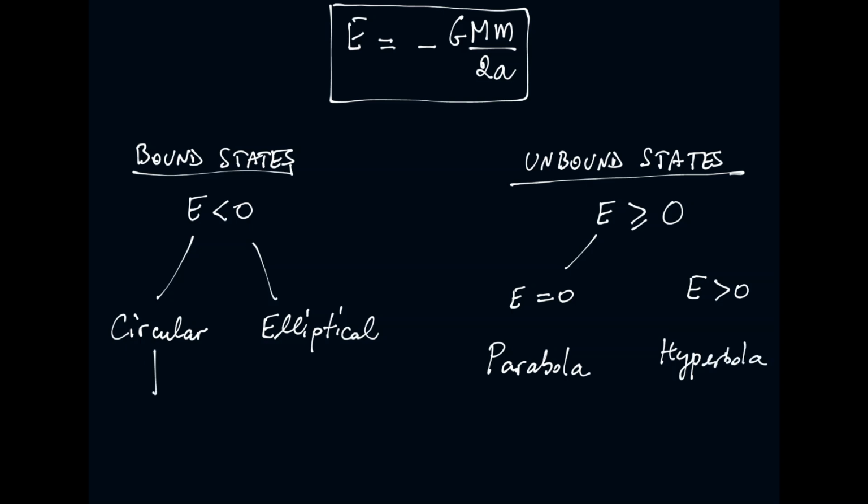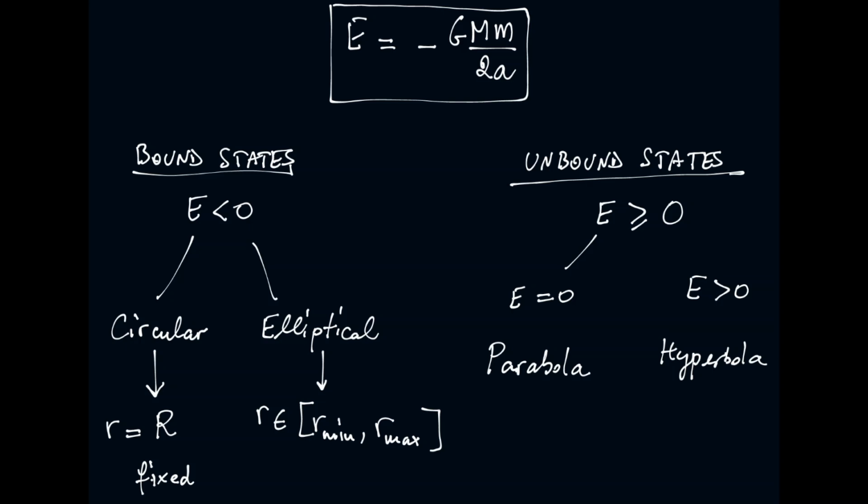Remember that a circular orbit implies that the radius is fixed. So at any point, the distance between the two objects is a fixed number. Elliptical implied that the radius was somewhere between a minimum value and a max value, right?